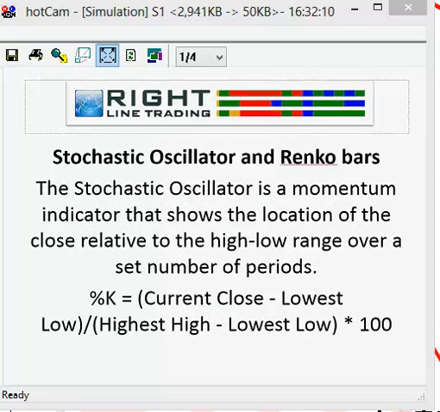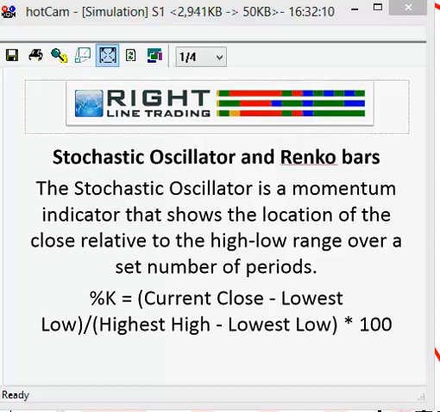Now, it's the combination of any stochastic oscillator and Renko bars. There are some pretty popular systems that use support to support, resistance to resistance trading via a stochastic oscillator. Now, this is any oscillator. It doesn't matter whether it's the stochastic, relative strength, or the CCI.